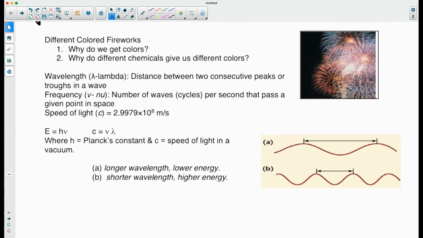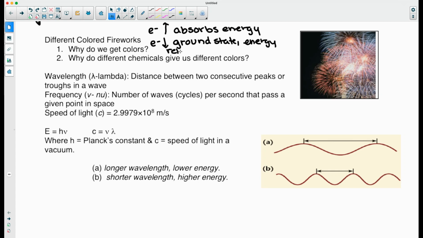Now, this goes right along with how we get these different colored fireworks. We know that as electrons transition from ground state to excited state, they absorb energy. So electrons moving up to the excited state absorb energy. And when these electrons move back down to the ground state, energy is released as light.